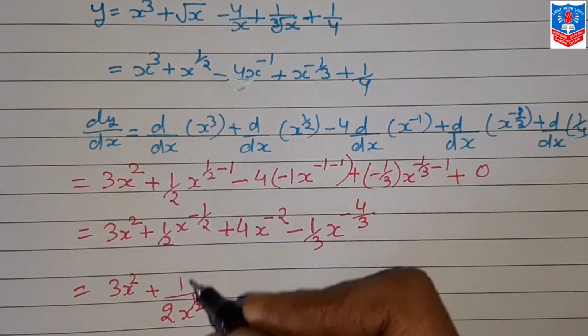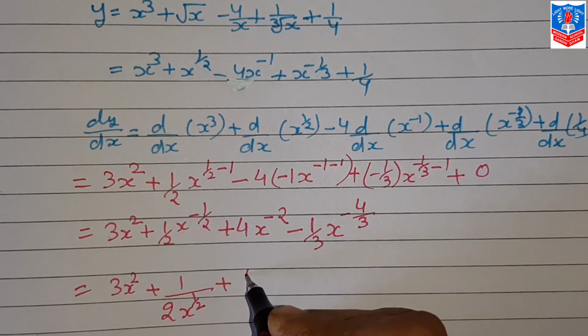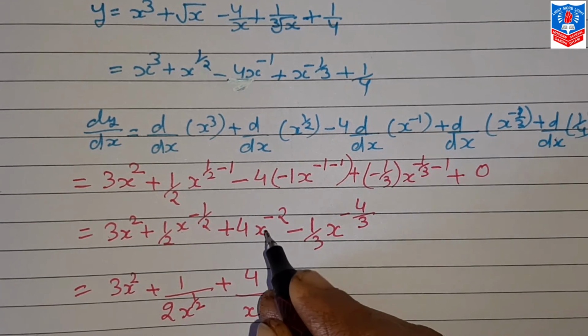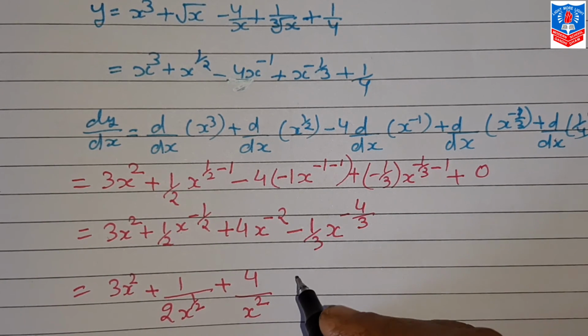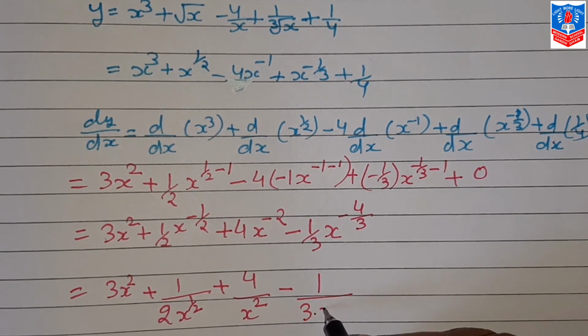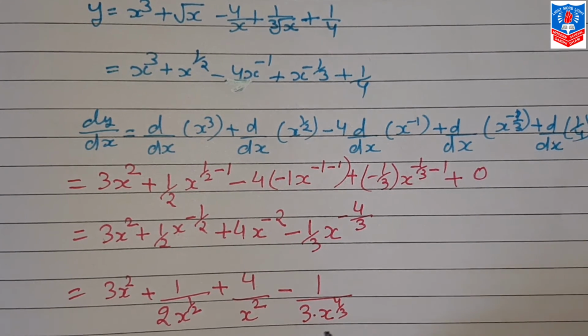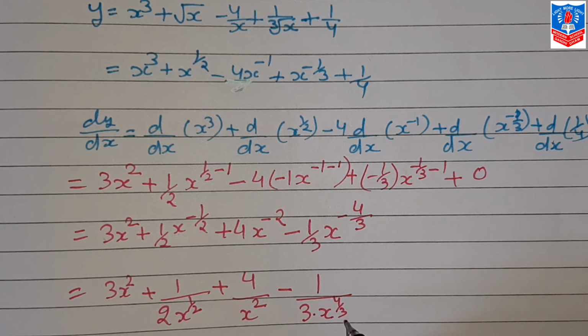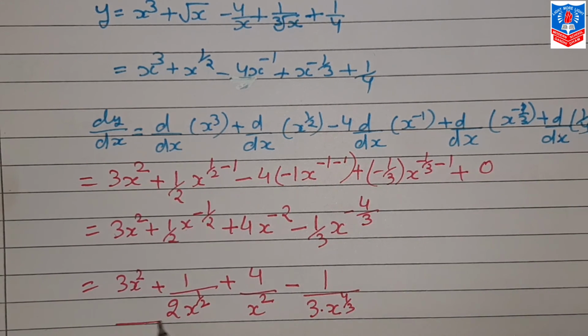This minus half, if you write it in the denominator, will be positive, plus 4 upon x raised to minus 2, same, if you write it in the denominator, will be positive, minus 1 by 3 into x raised to minus 4 by 3, if you write it in the denominator, will be positive, which will be x raised to 4 by 3. So this is your final answer of this equation. These are the derivatives of that.